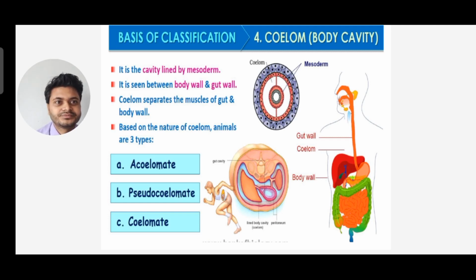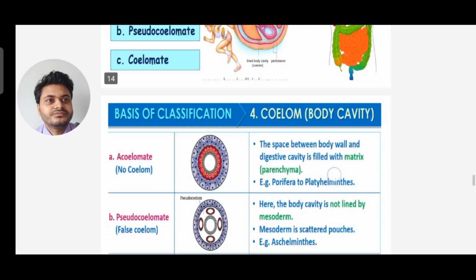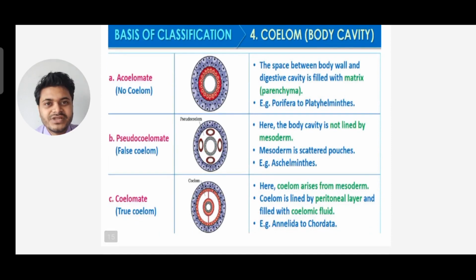So you see the figure given below here. The difference is very nicely given: acoelom, pseudocoelom and coelomate. Acoelom means no coelom, pseudocoelom means false coelom, and coelomate means true coelom.